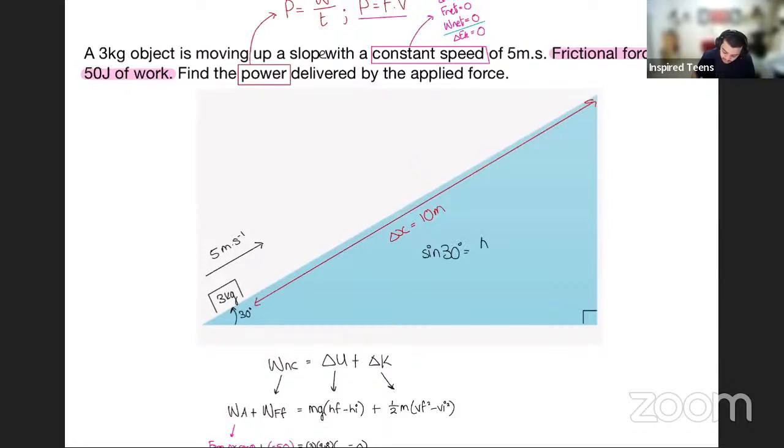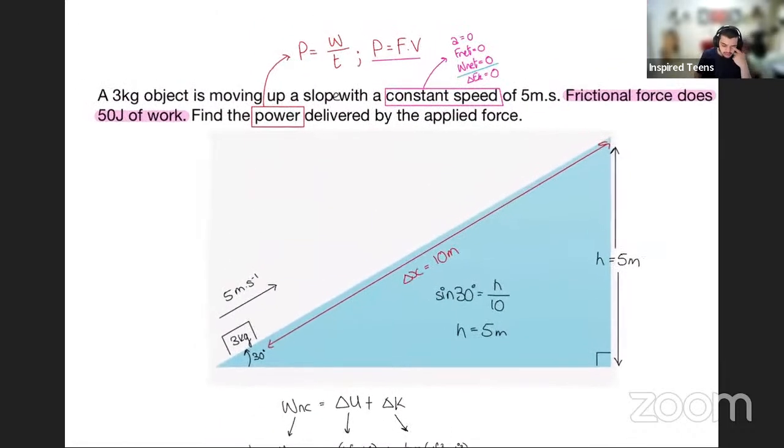So we call this the height divided by delta x, which is 10, the hypotenuse. So 10 times sine 30 gives us a height of 5. Okay, so the height of this inclined plane is 5.